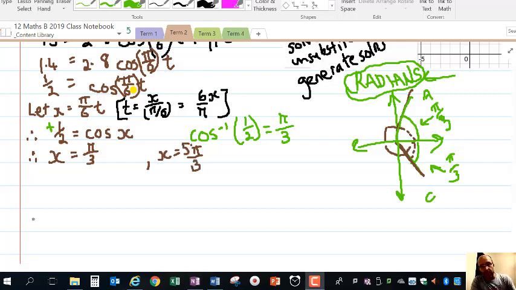So in the first revolution it's pi on 3 and 5 pi on 3. But of course, as we go around, we've got to check for more solutions. So it's plus 2k pi, where k is an integer.